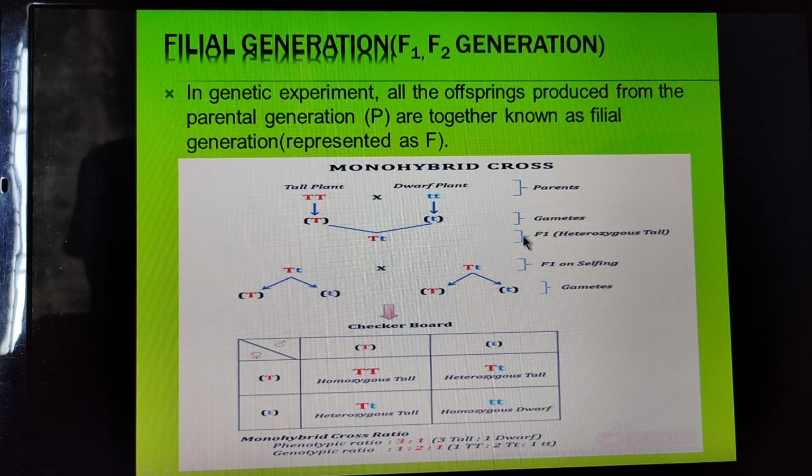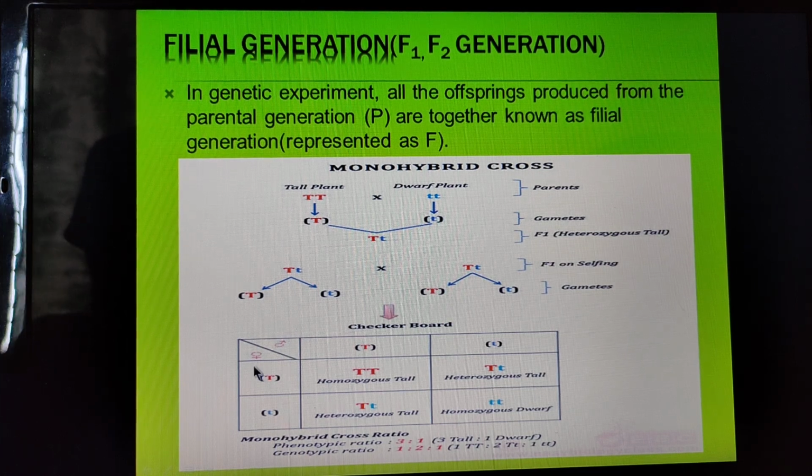Next, a further cross takes place between these F1 generation plants, the first filial generation. Here self fertilization takes place. In the same way, during fertilization the gametes are separated from each other, and through the checkerboard, as this board is known.